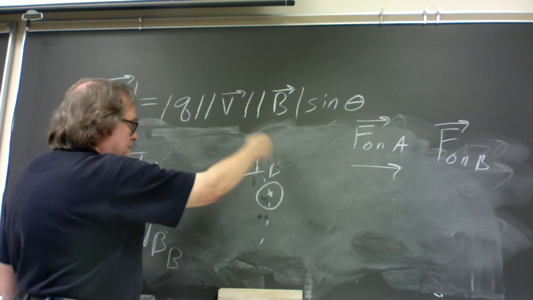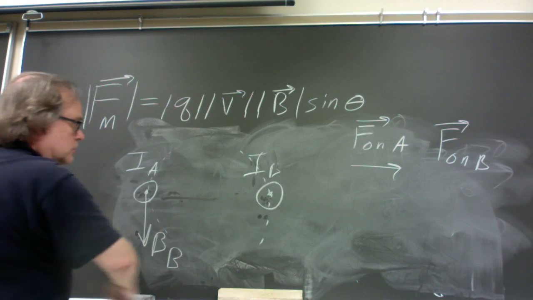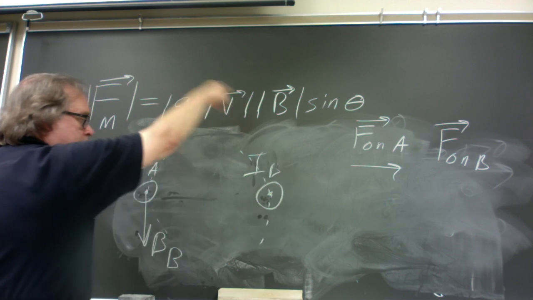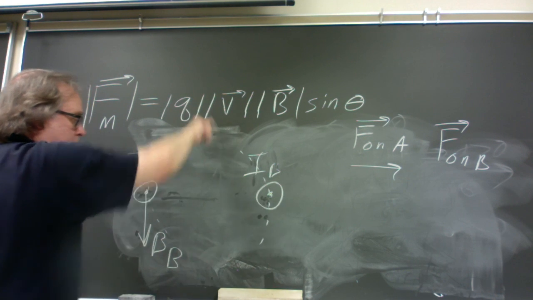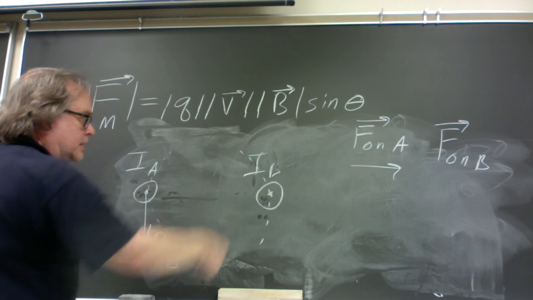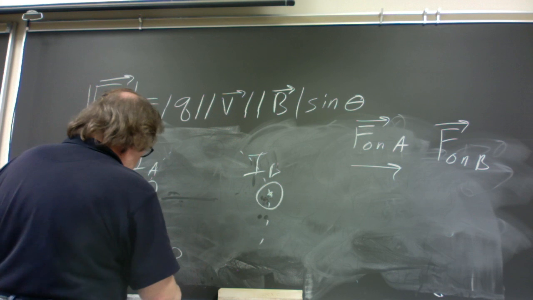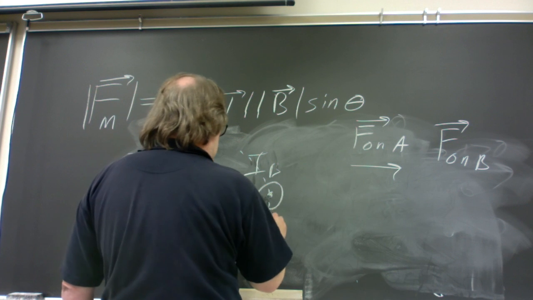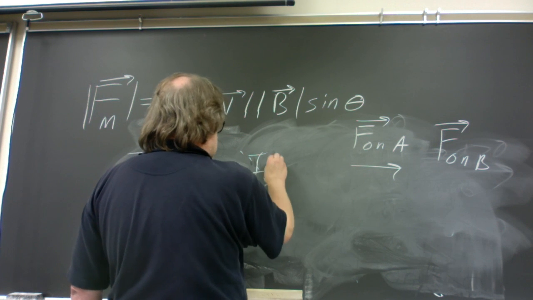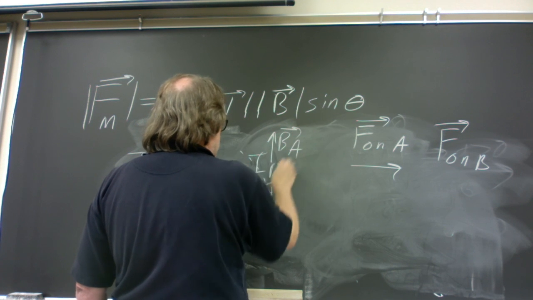So the field lines around A circulate counterclockwise. So at the location of current B, the field from A is pointing up. There's the field from A.